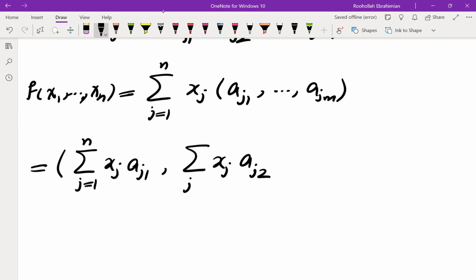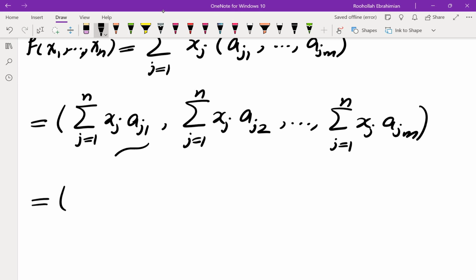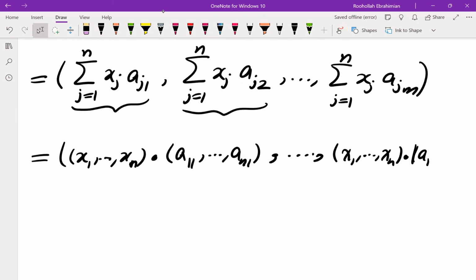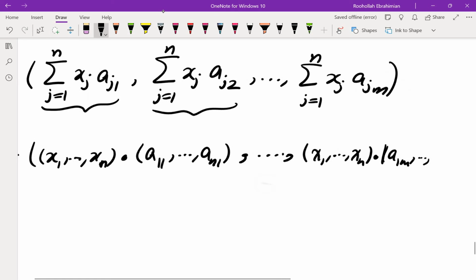Now if you look at these components, the first one is the dot product of x1 through xn and some vector. What's that vector? It is a11 all the way to an1, etc. And the last one is x1 through xn dotted with the vector a1m all the way to anm.